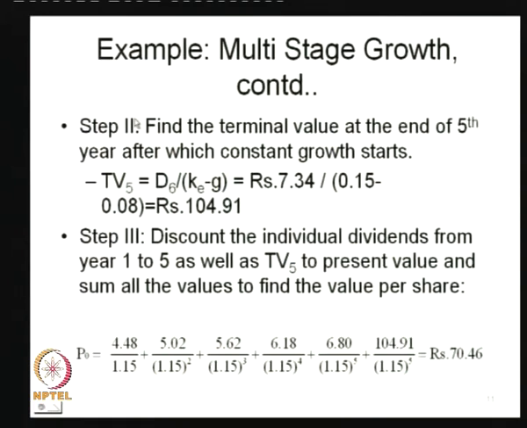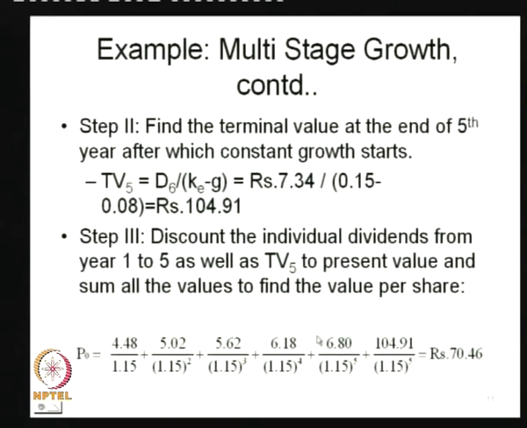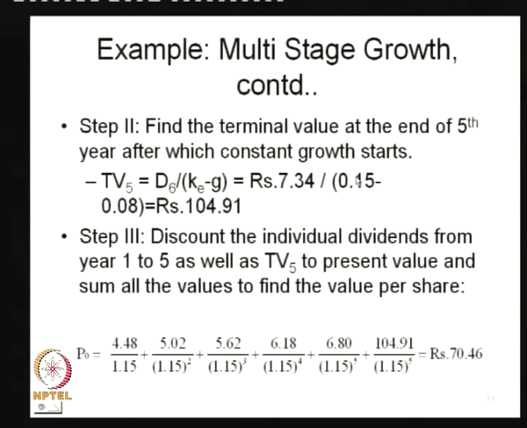So, the terminal value at year 5 is nothing but D6 divided by Ke minus G, that is 7.34, which was our D6, divided by the cost of equity, given as 15%, minus the growth, given as 8%. So, 0.15 minus 0.08 gives us 104.91 as the terminal value.